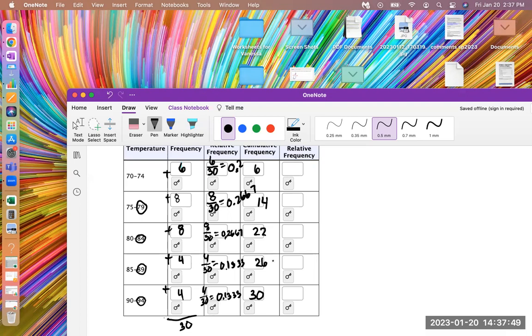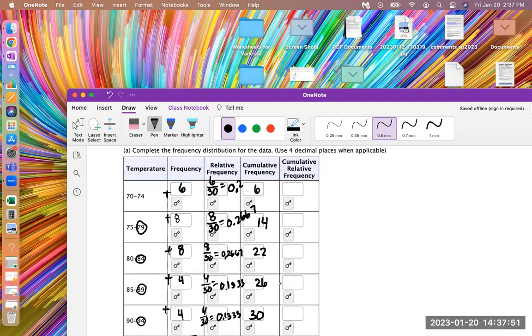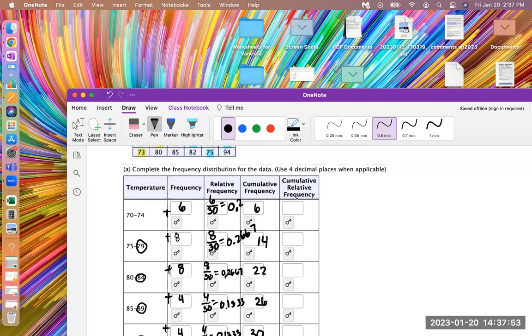Okay, and then one more row that we have to do here is the cumulative relative frequency, and that just means that we need to take all of the cumulative frequencies and divide by the sum of the frequencies, which was 30 again. So this first one is going to be the same.